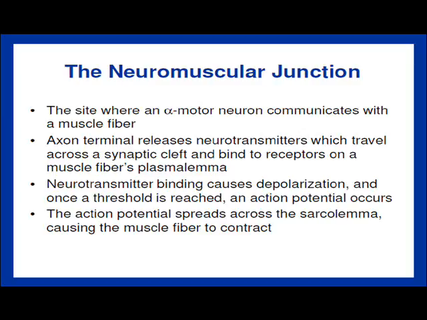And the binding of the neurotransmitter causes depolarization on the postsynaptic side. As you know, once the threshold is reached, you trigger an action potential. And then that action potential moves down the sarcolemma, which is the plasma membrane of the muscle cell, causing the muscle fiber to contract. We'll see that coming up.